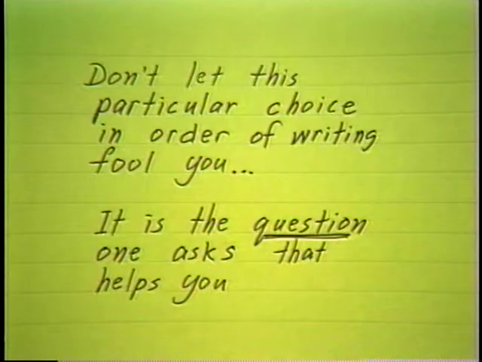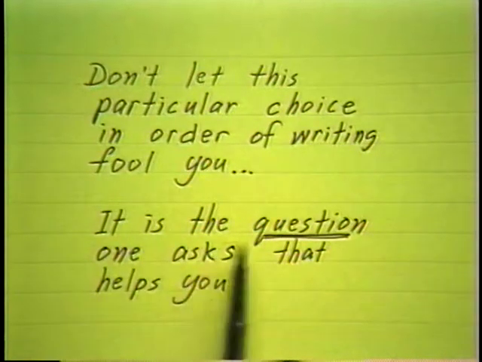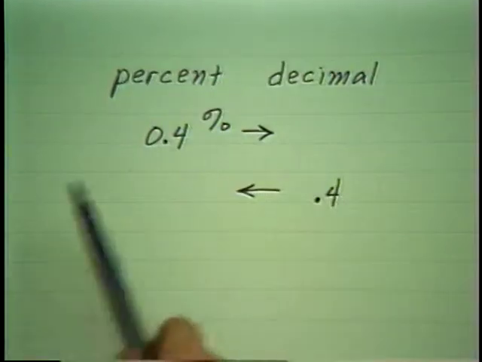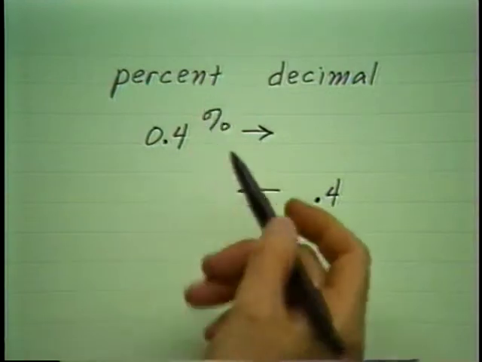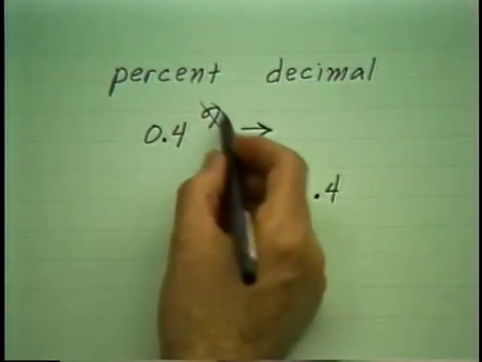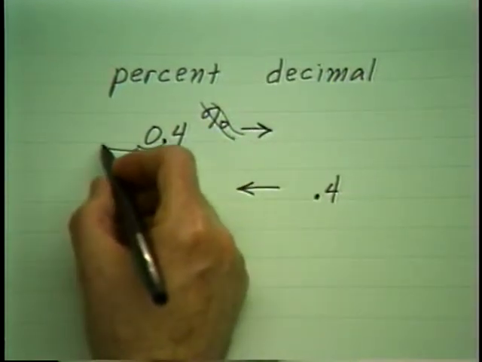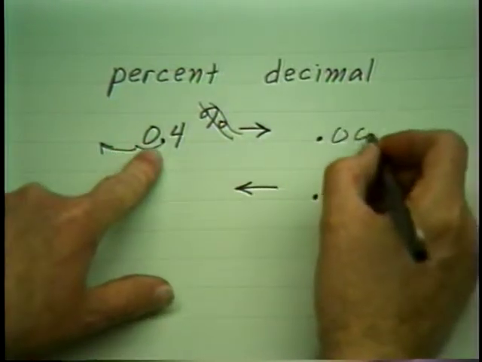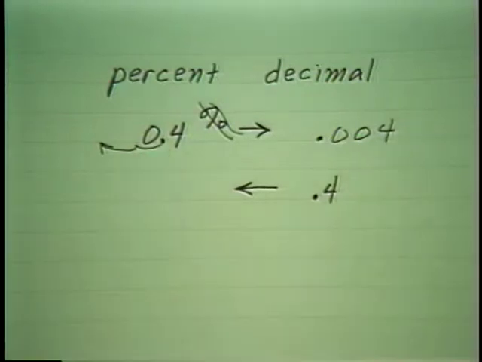Don't let this particular choice in order of writing fool you. It is the question one asks that helps you, not how you wrote it. For instance, here I reversed the order, but in this case, if you want to get away from a percent, you move it 2 places away, which will give me 0.004.